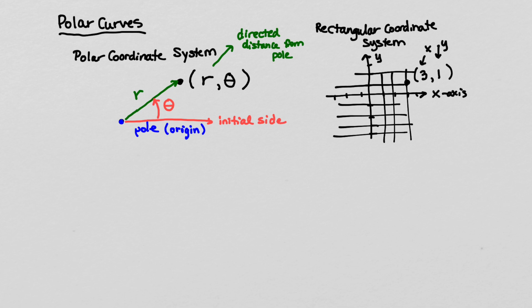Angles are built just like in trigonometry, wherein positive angles move in the counterclockwise direction and negative angles go in the clockwise direction. So theta is that angle that starts at the initial side and terminates in the ray that runs from the pole to the point.